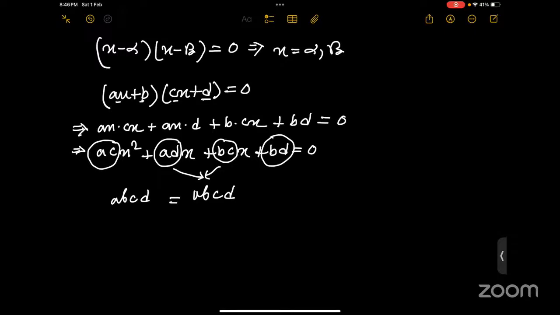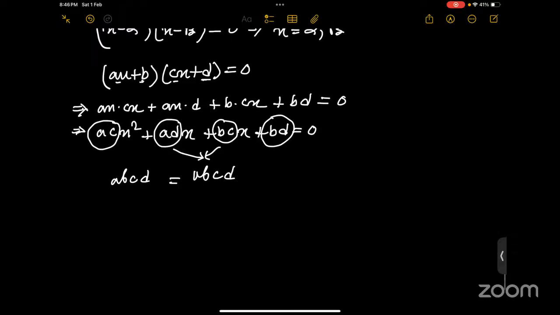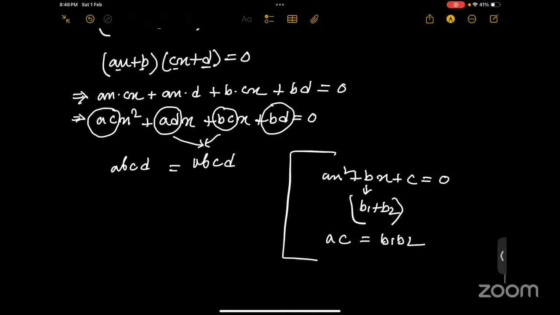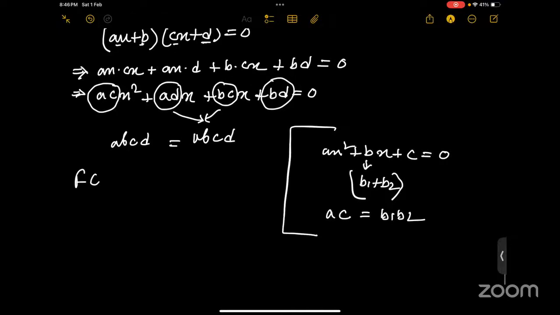That means they are equal. This is called the FOIL method. Whenever you have a quadratic equation in the form ax square plus bx plus c equals 0, you just have to break b into b1 plus b2 so that ac is equal to b1 b2. This is the FOIL method. Any doubt?